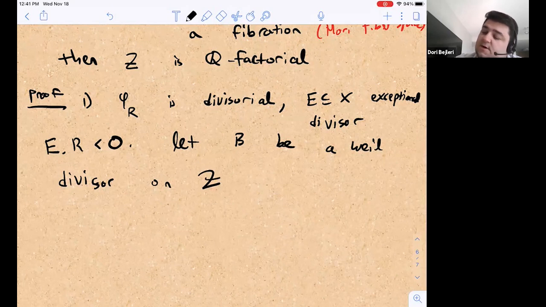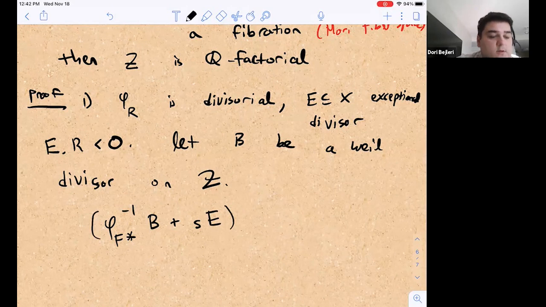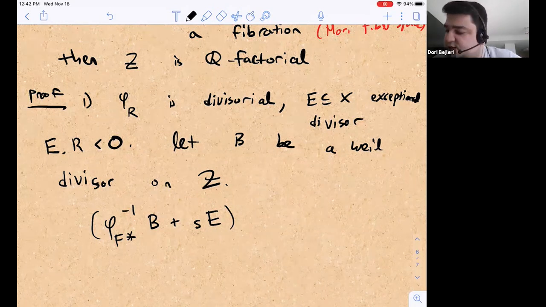And now we'll consider the strict transform of B plus some rational number S times E. And now the point is that because E dot R is non-zero, well, the strict transform will intersect R, like the curves in R, to be something. So here we're using that R is generated by a single curve.